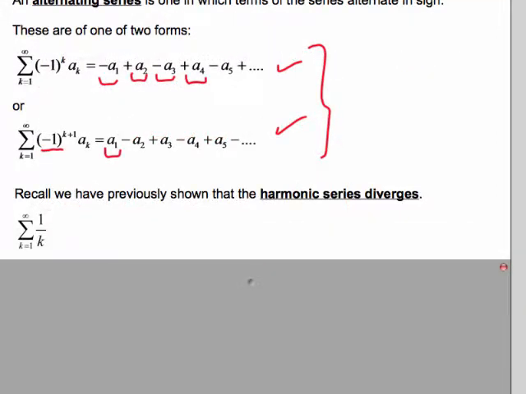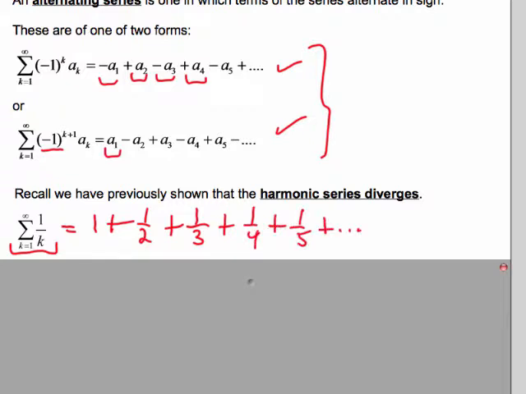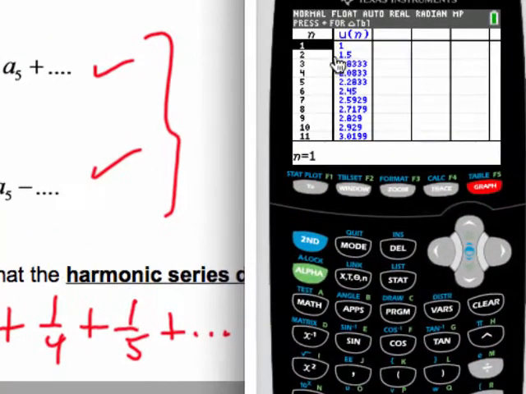Now remember that we've talked about the harmonic series in the past, with terms that look like this. And remember that even though the terms of the series approach zero, we've shown that this series diverges. If we look at the sum of n terms, we can see that the sums in our table continue to grow larger and larger without bound.